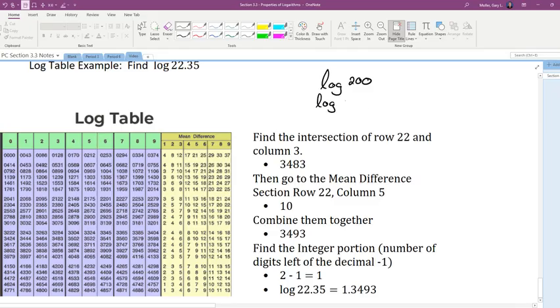Log of 200 is actually just log of 100 times 2. And I can now break that up and say log of 100 plus log of 2. Well, log of 100, I know the answer to. That's 2, plus, and then I would use my table and look up log of 2. And then I would add that to 2.